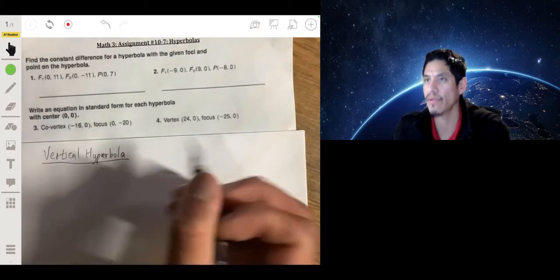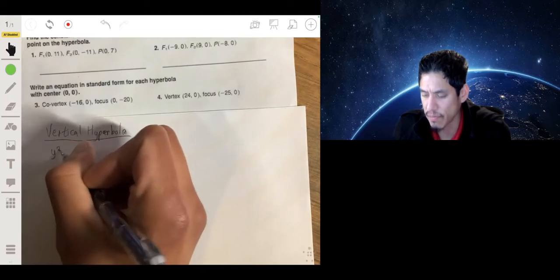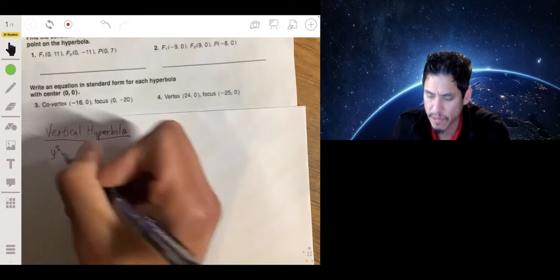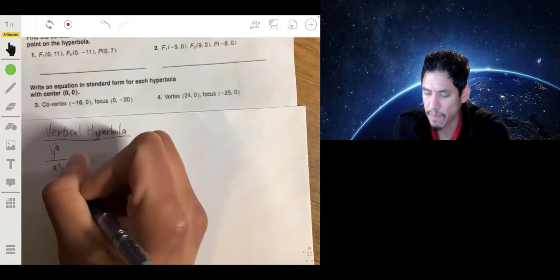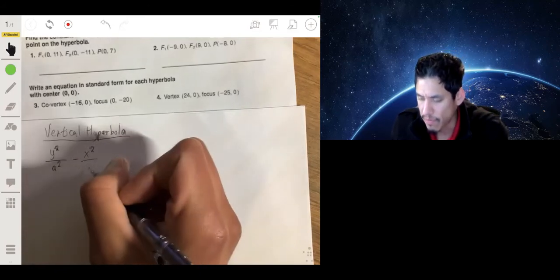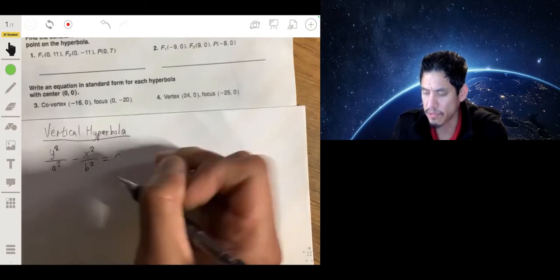Now, since it's a vertical hyperbola, you're going to have an equation in this form: y squared over a squared minus x squared over b squared equals 1.